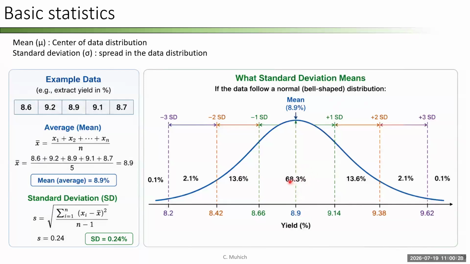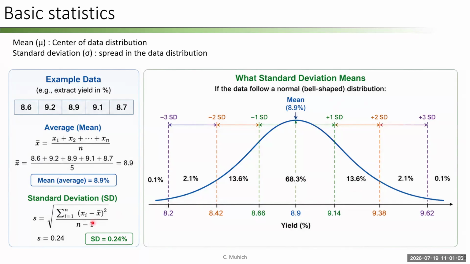Within one standard deviation, we expect about 70% of the data to be within one standard deviation of the mean. When we go out to two standard deviations, we add an additional 27%. So we're up to, say, 95-ish percent confident that our data should fall within two standard deviations of the mean. And then we can go farther and farther out.